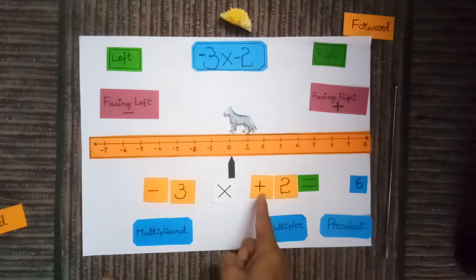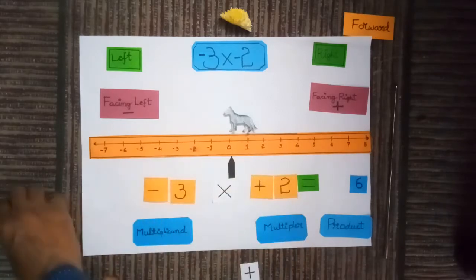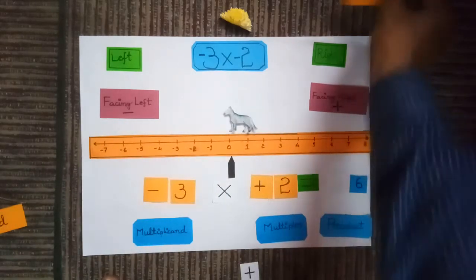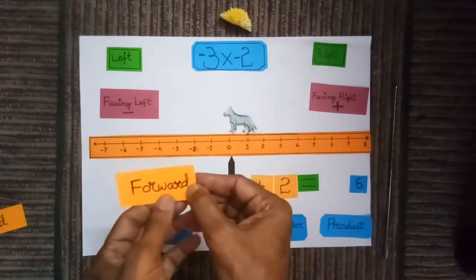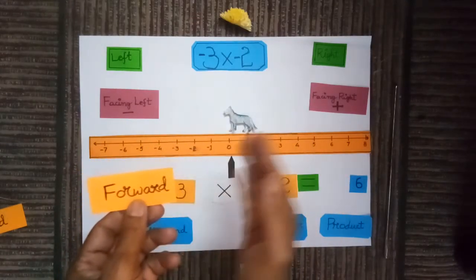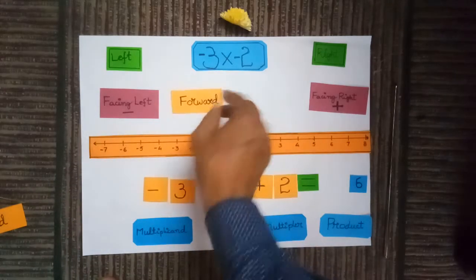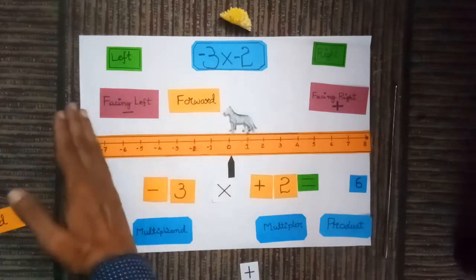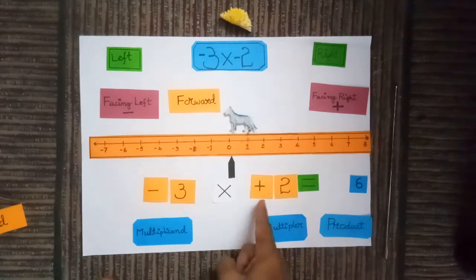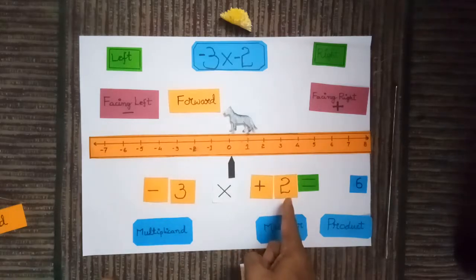And let us come to the multiplier now. It is plus 2. So plus means it is moving forward only. So since it is facing this side, that is left side, forward means this direction, not this direction. So it has to move in this forward direction only, because the multiplier is positive. And how many units does it have to jump at every stage?